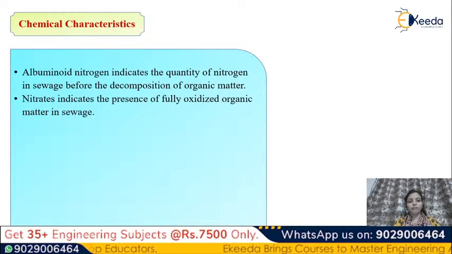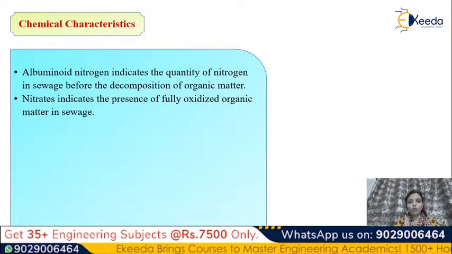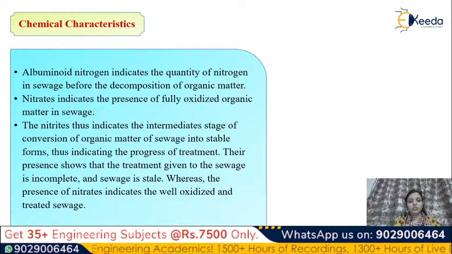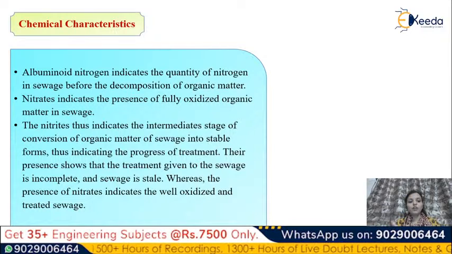Nitrates and nitrites are two important terms. The nitrates indicate the presence of fully oxidized organic matter in sewage, and the nitrites indicate the intermediate stage of conversion of organic nitrogen of sewage to the stable form.